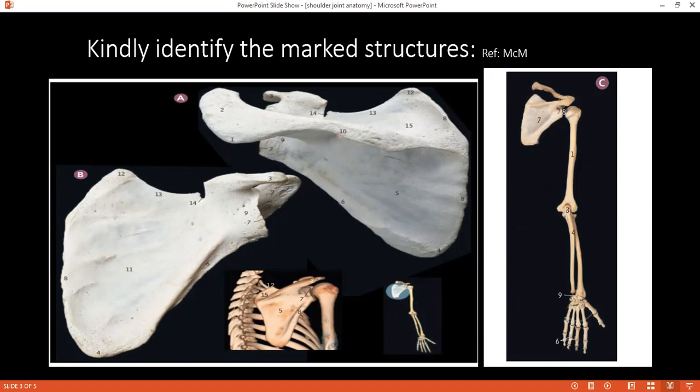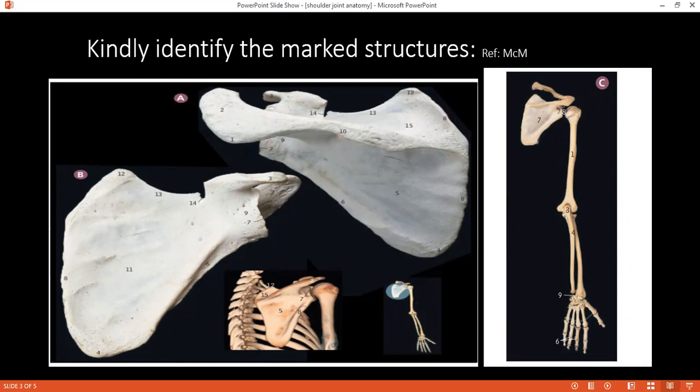You told me about the muscles which stabilize the shoulder joint. These are also called rotator cuff muscles. When there is a tear of the rotator cuff, which muscle is the most commonly injured?